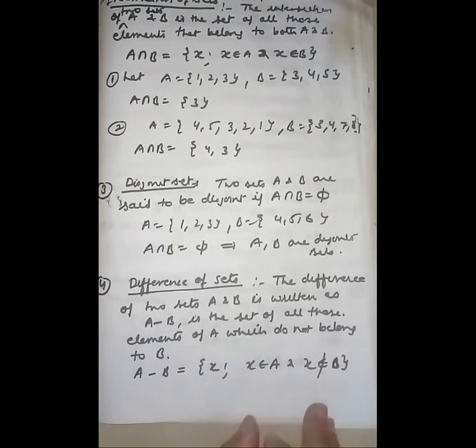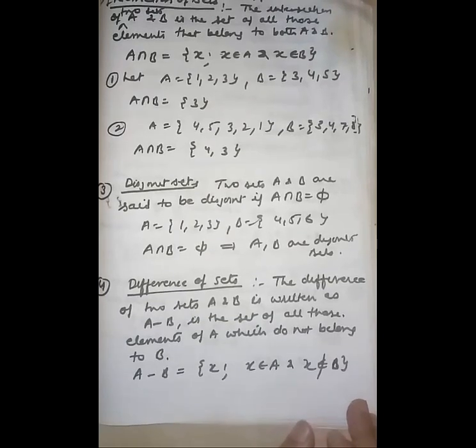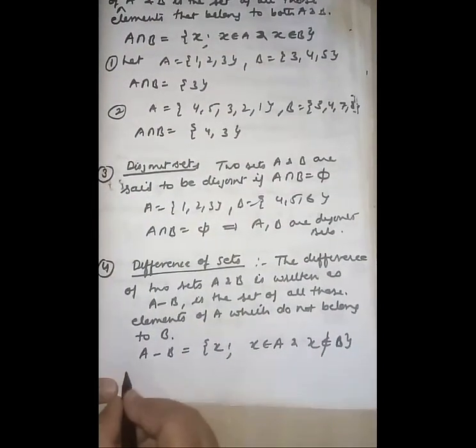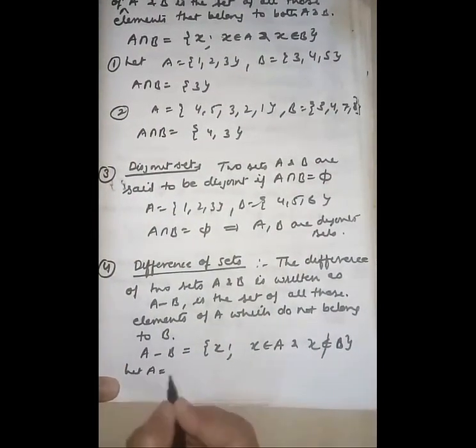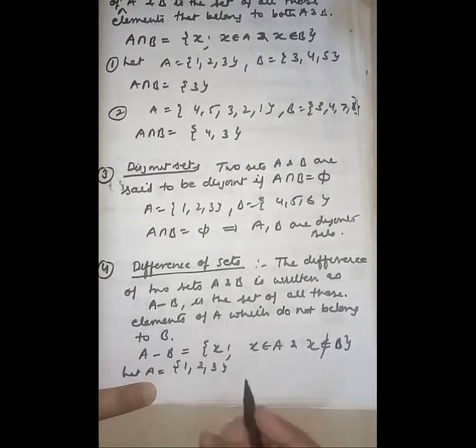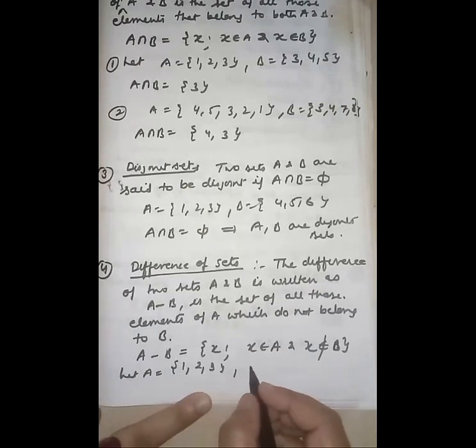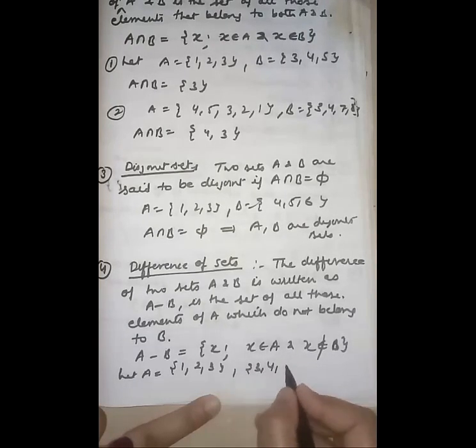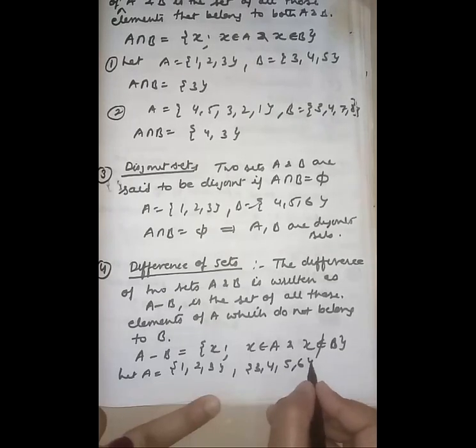Right friends? Now taking some other example. Let A equal to {1, 2, 3} and B equal to {3, 4, 5, 6}.